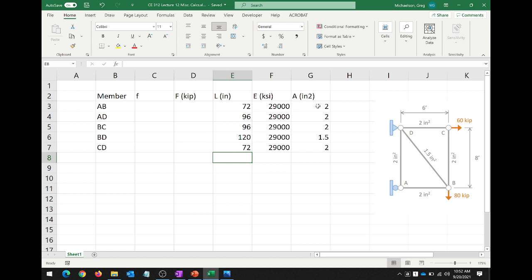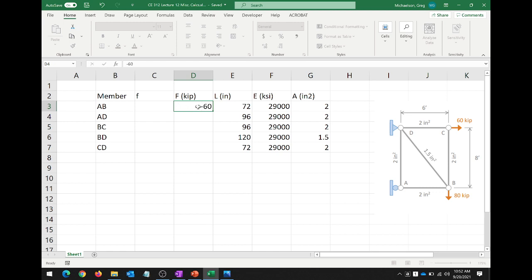Now we've got the little f's and the big F's. We did the big F's first, so let's do the big F's. Now, help me out here. Let's start off with member AB. What was member AB experiencing? 60 and what? So what do I put right here? Boom, negative 60. Oh wow, we're running short on time.